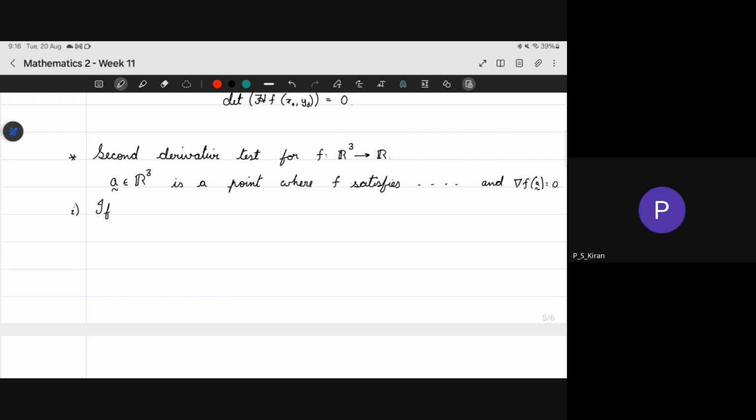Now, just for the three-dimensional case, you see how many additional conditions you have. This has to be positive. This also has to be positive, and the determinant of the Hessian of f at A is also positive. Implies, put an if over there, A is a local minimum.